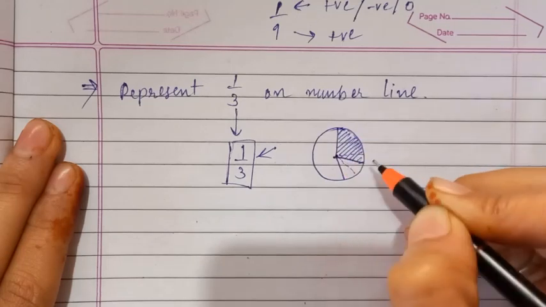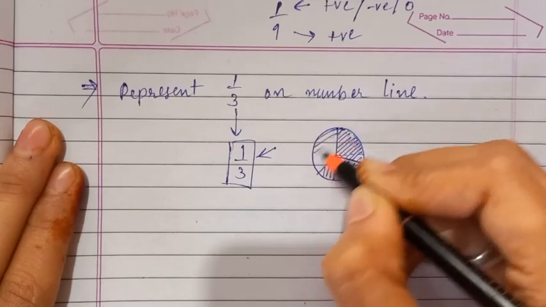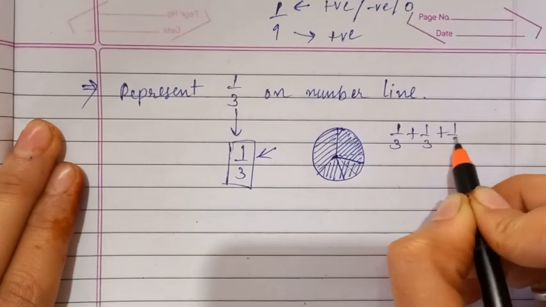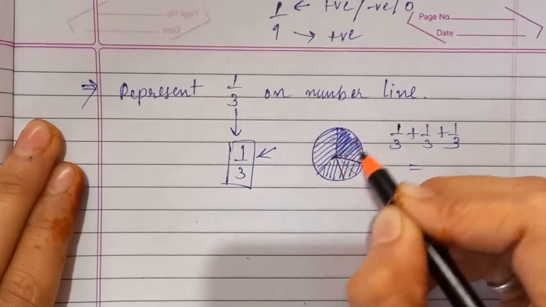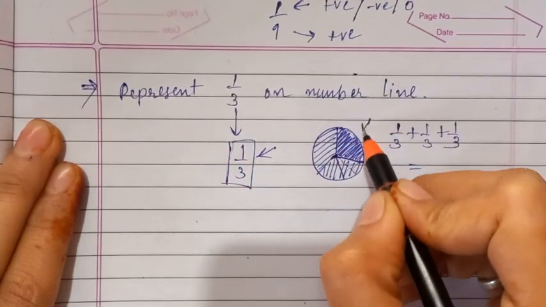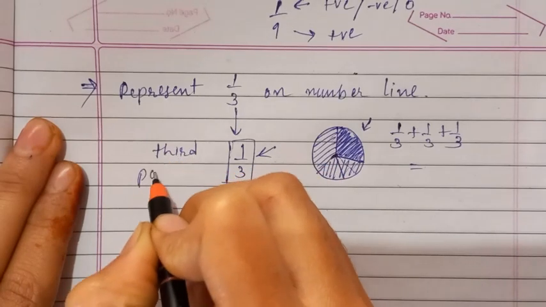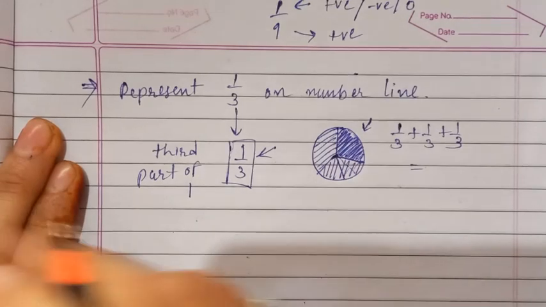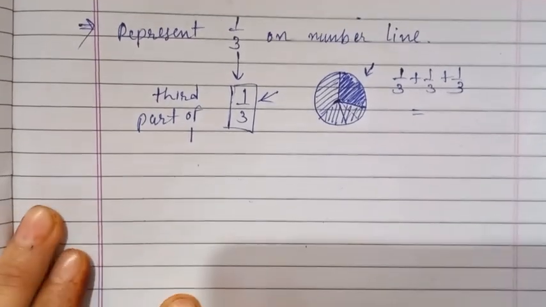Again a 1/3 part, and if you add three 1/3 parts, then you will get the whole circle. So this is a 1/3 part. It means the third part of 1. So if you want to represent 1 by 3 on the number line, what do you have to do first?